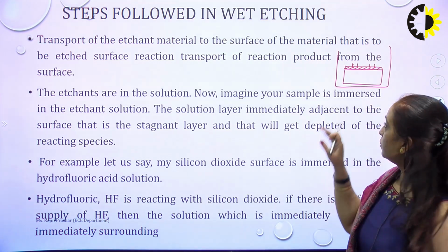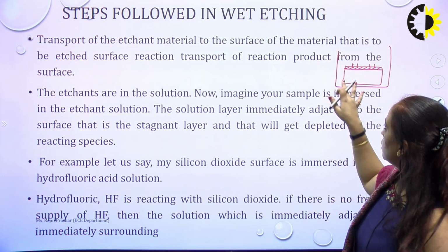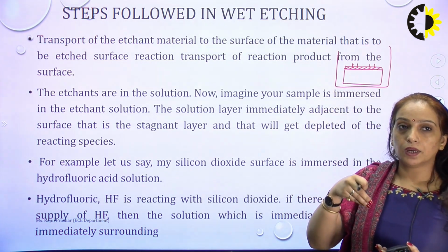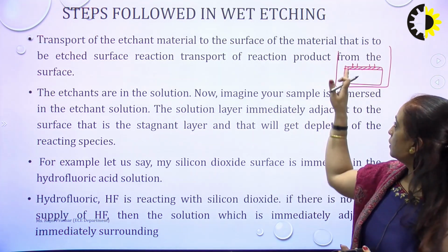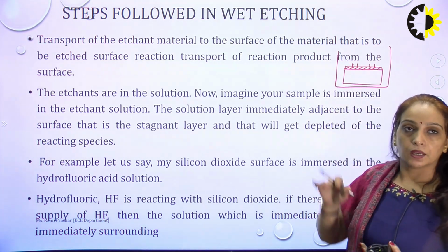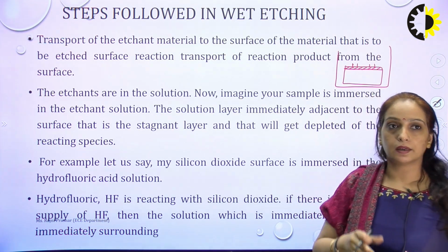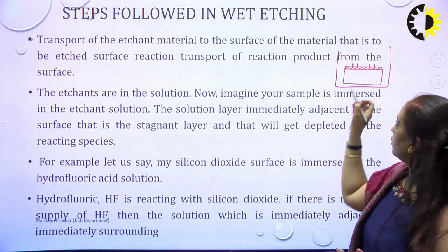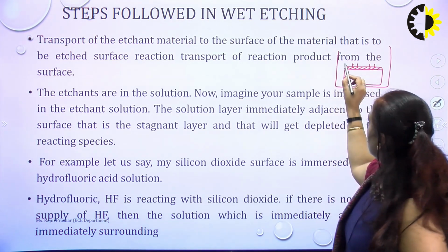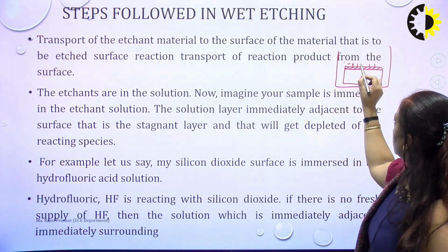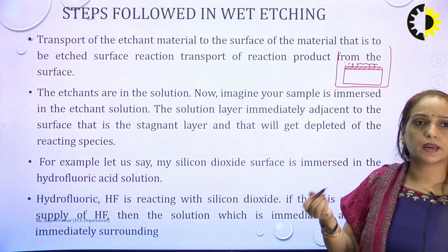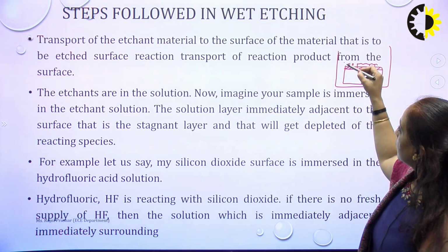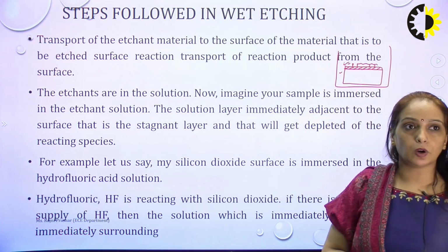Now, suppose you have this etchant solution in this beaker and you put the substrate in that, right. So, what will happen there? Your solution will come in touch with the SiO2 layer, right. So, one thing we should understand here is that the moment the solution comes in touch with this layer, it will form some stagnant layer, right. And the concentration at this side and at this side will not be the same.